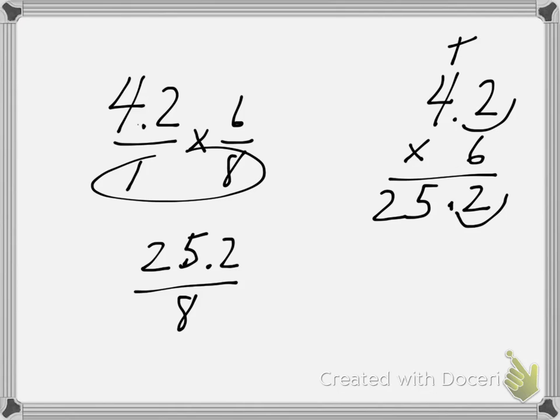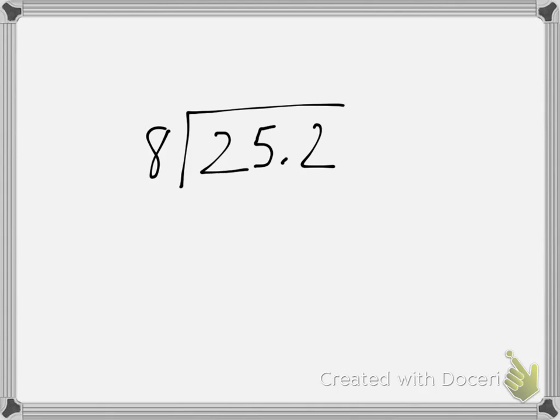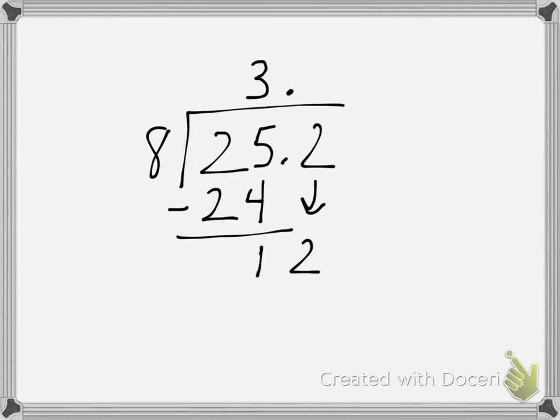A fraction is a division problem. So we take 25.2 and we divide it by 8. 8 goes into 25 3 times. 8 times 3 is 24. Gives us a 1. We have the 12. 8 goes into 12 once. That gives us a 4 when we subtract.